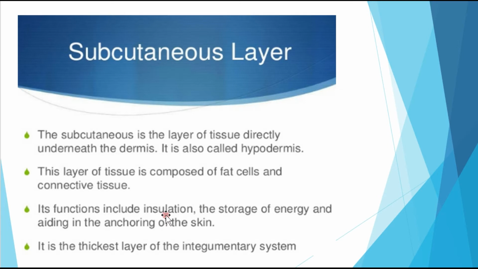It provides insulation, preventing the radiation of heat, storage of energy in the fat cells, and aids in anchoring the skin to the underlying tissues. That is why when you pull your skin, it returns back when you release the pressure, to its normal state. And it is the thickest layer of the integumentary system.